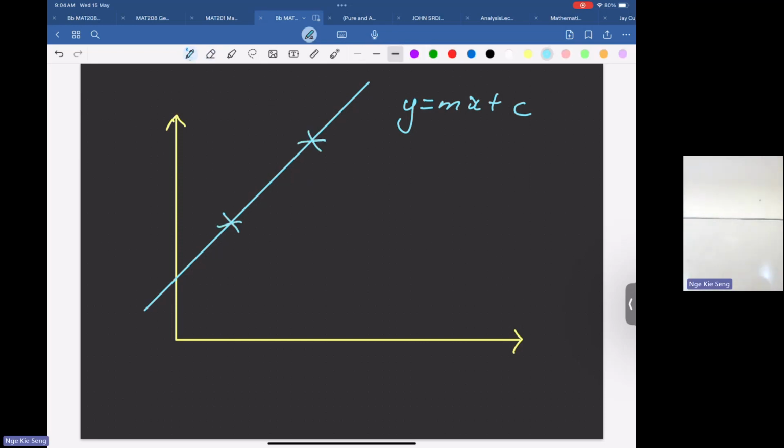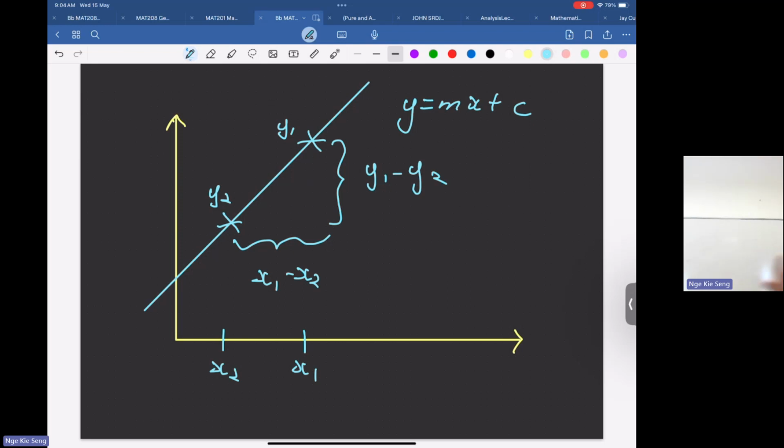You take any two points on the line, and then you compute the ratio of the y difference, y1 minus y2, divided by the x difference, x1 minus x2, which is always the same everywhere.